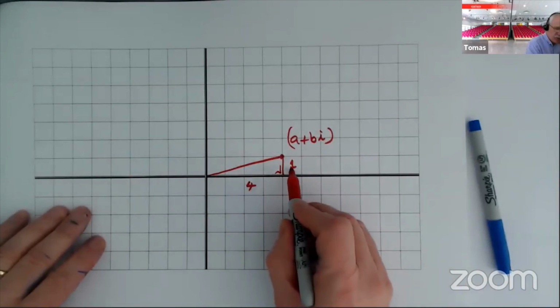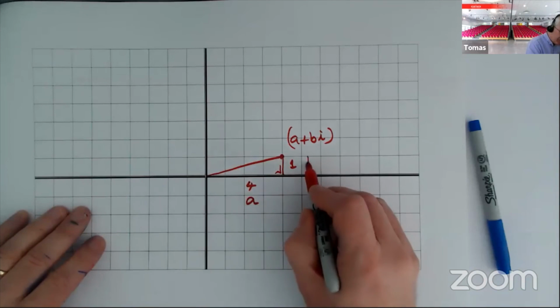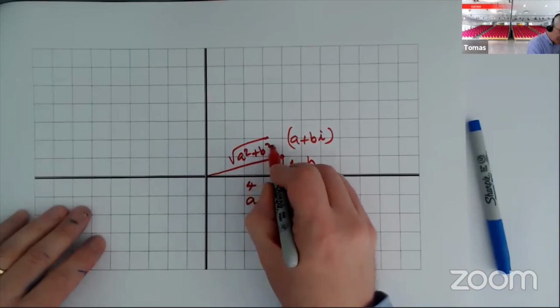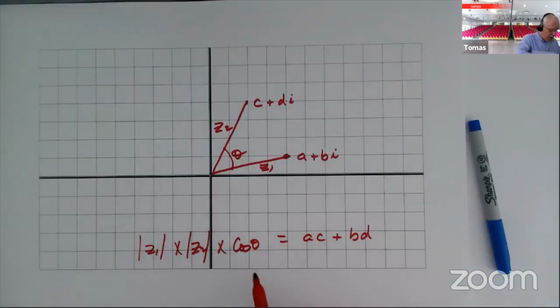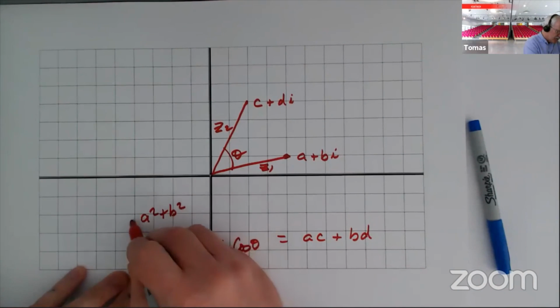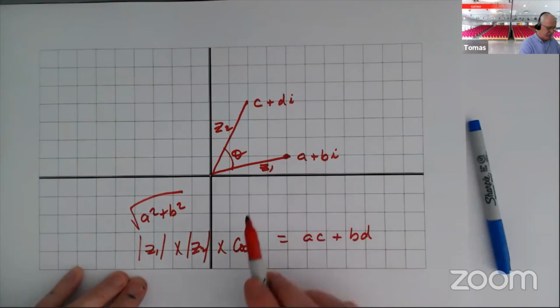Well, that would be 4 squared plus 1 squared, because it's Pythagoras. If this was A and this was B, that would be A squared plus B squared. So the modulus of Z1 is the square root of A squared plus B squared. It's the length of it, not the square of it.